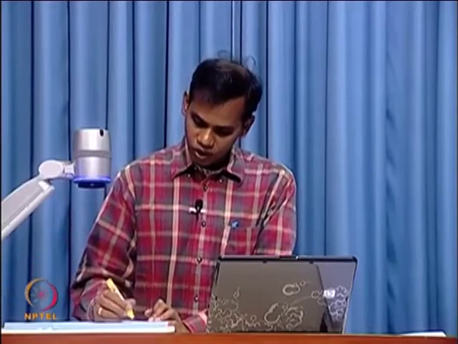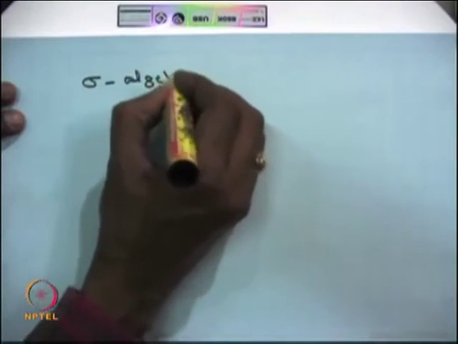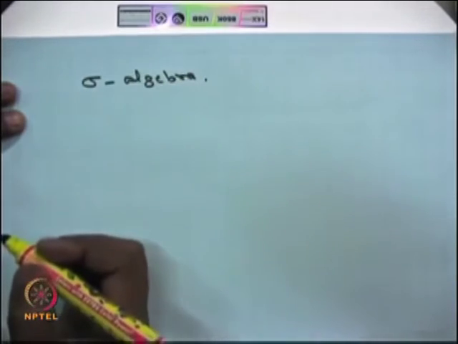So, to define the probability space, you need a sigma algebra. So, what is a sigma algebra?